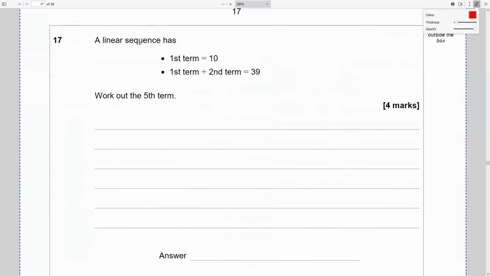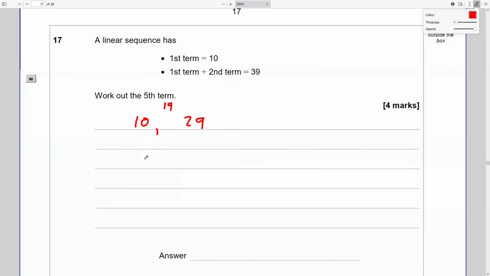Okay, a linear sequence, as the first term is 10. The first term added to the second term is 39, so the second term must be 29. There is a difference between them of 19. Is that correct? Right, so the way this works is, well, we can keep adding 19 on if we want to do it that way, but it's 4 marks, so I think they want us to find out the arithmetic sequence.